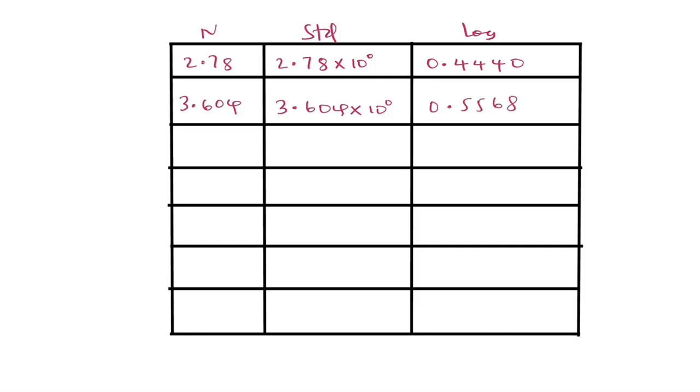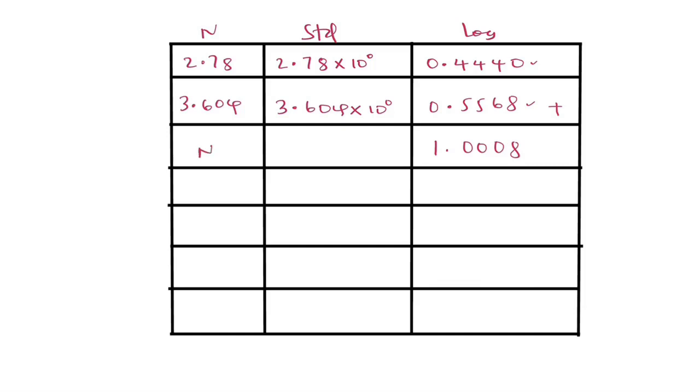0.5568. Next we are going to find the value of our numerator by using the addition law of logarithms. We take 0.4440 and 0.5568, and we add them. After summing the values, we have 1.0008, and this is the value of our numerator.